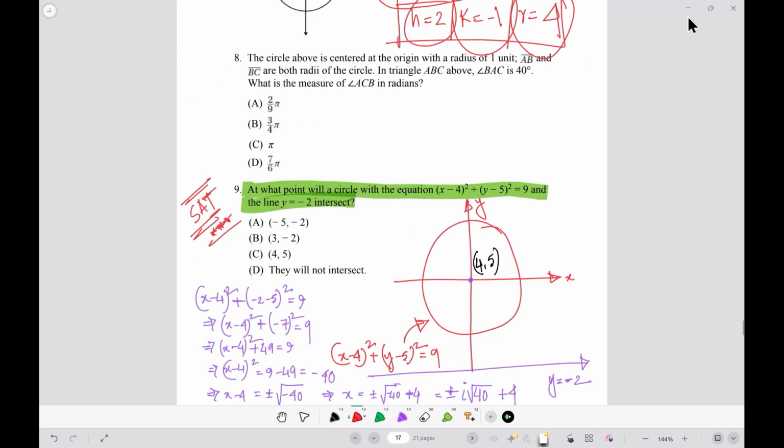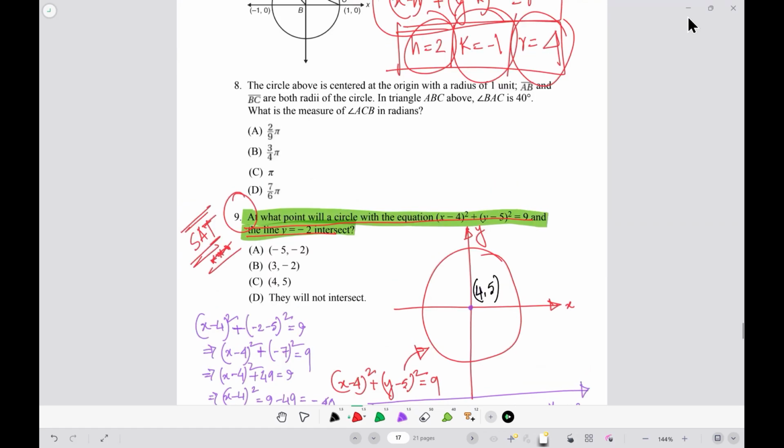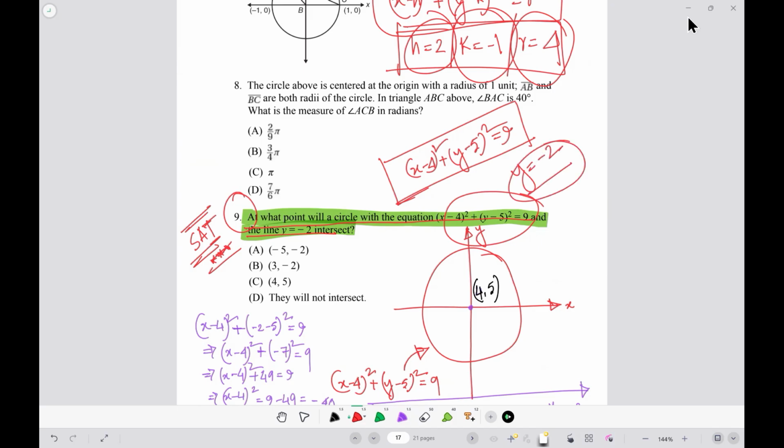The last problem is problem number 9, a real problem. At what point will a circle with the equation and the line intersect? We have been given the equation x minus 4 whole squared plus y minus 5 whole squared equals 9. And we have also been given a line, y equals -2.